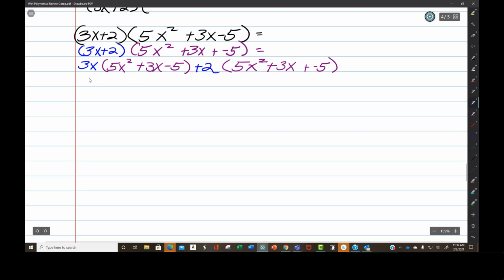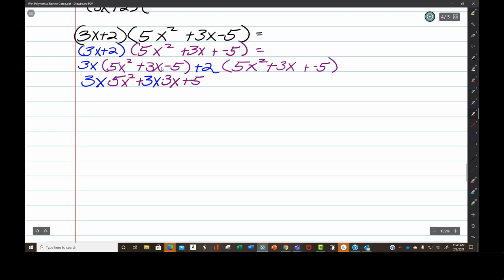Okay, so we're going to have 3x times 5x squared, plus 3x times 3x, plus negative 5.